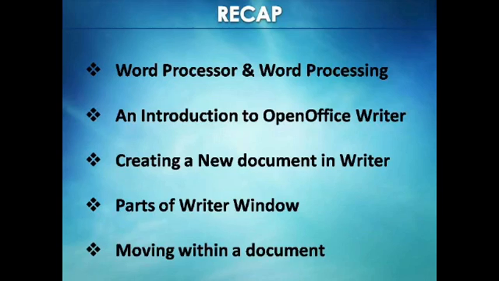From the insertion pointer only, we will start to type the text and edit text. Various keyboard shortcut keys are available to move the insertion point from one location to another location within the document. We also discussed some of the keyboard shortcuts to move the insertion point around the document.